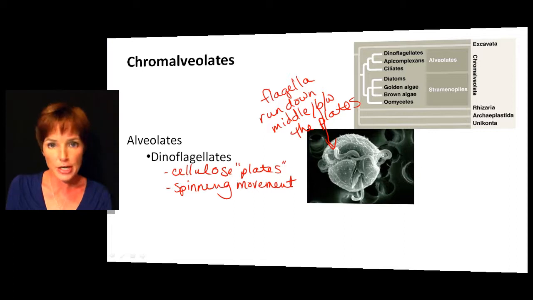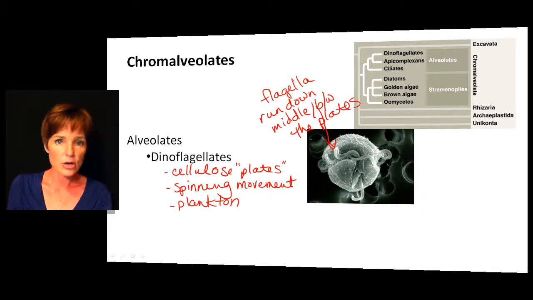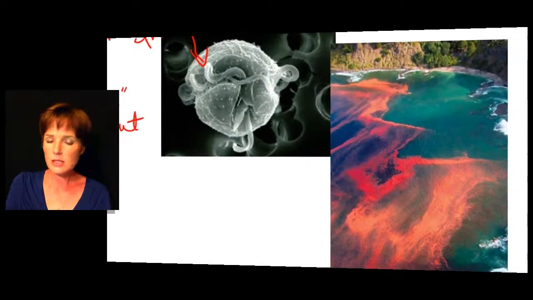We're talking about aquatic organisms here. These are going to be a major component of plankton. So these are photosynthetic organisms, and they're going to be found in a lot of plankton. When they become too abundant in the oceans, this is when we have the red tide events. So when you hear about red tide, what that's referring to is basically a lot of dinoflagellates in the water.